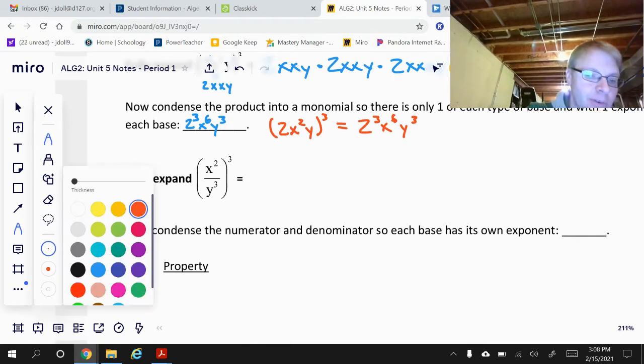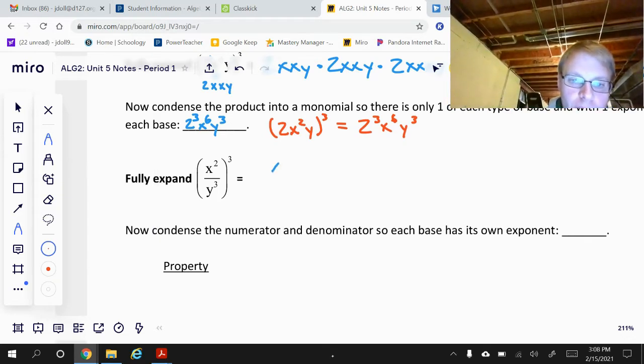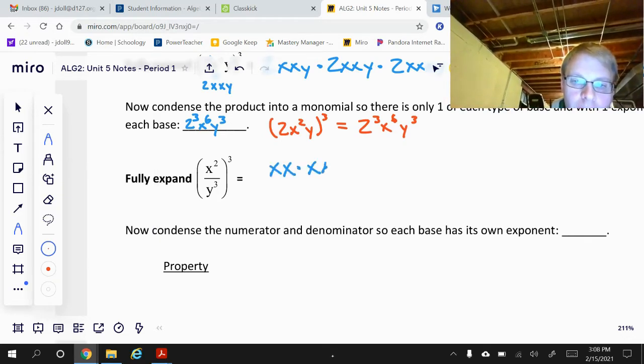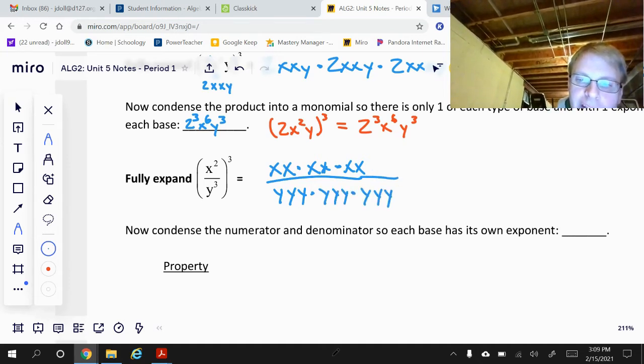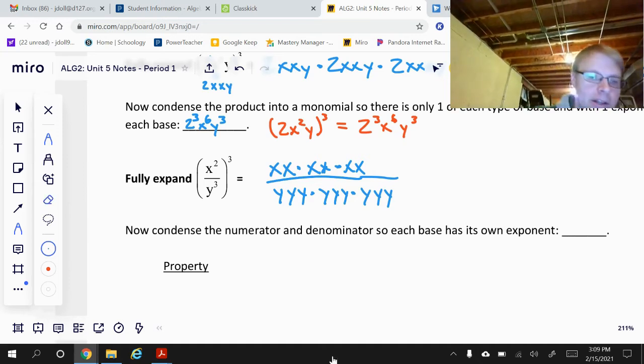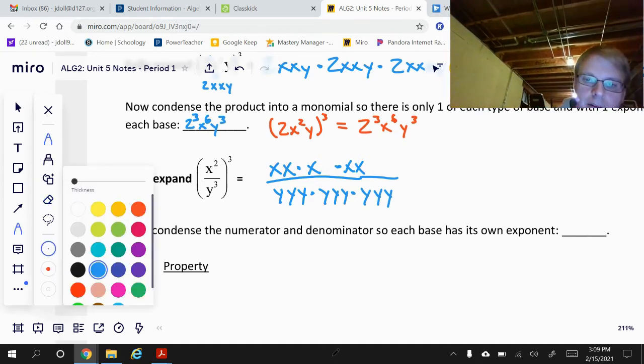All right, let's see what we got here. So we had x squared, which is 2 x's, and we had that 3 times in the numerator. And we had y to the third, which is y times y times y, 3 times in the denominator. And I'll clean up that x to the 6th here.